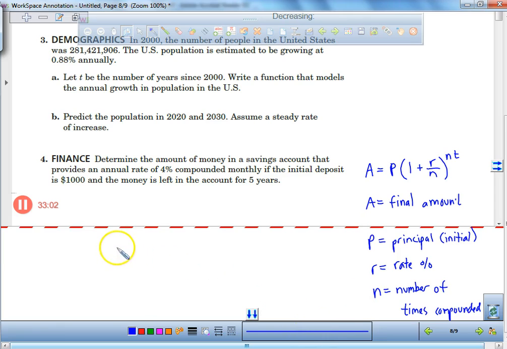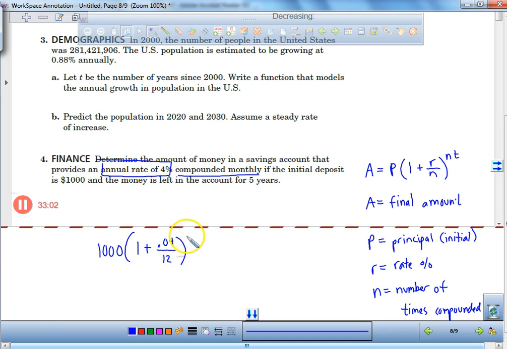So check this out. What's our initial amount? 1,000. Parentheses, 1 plus. What's the annual rate? 4%. So how do we write that as a decimal? 0.04. It's compounded what? Monthly. If it's compounded monthly, what would our n value be? 12.